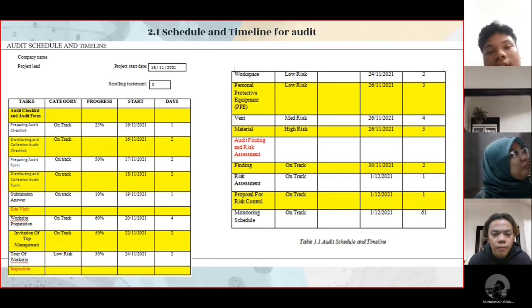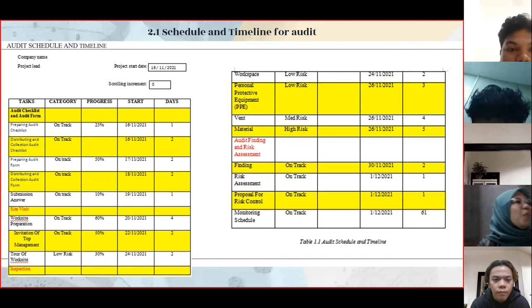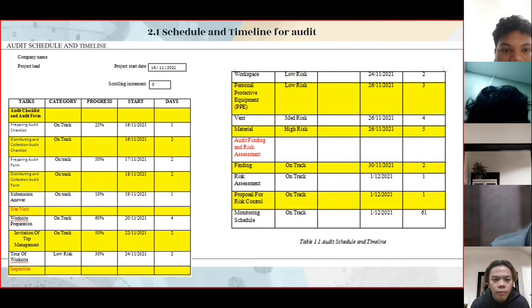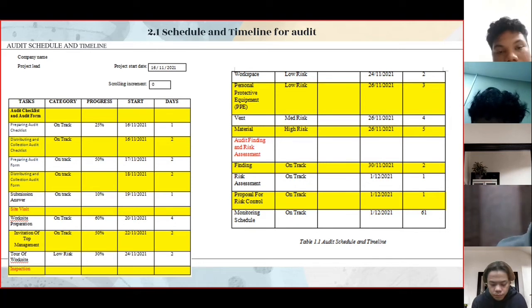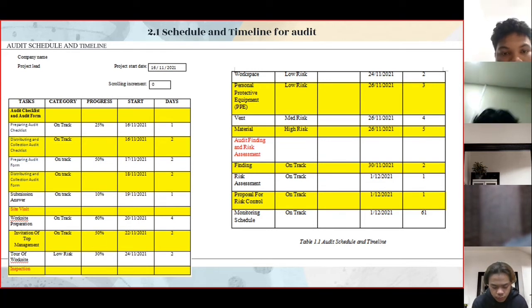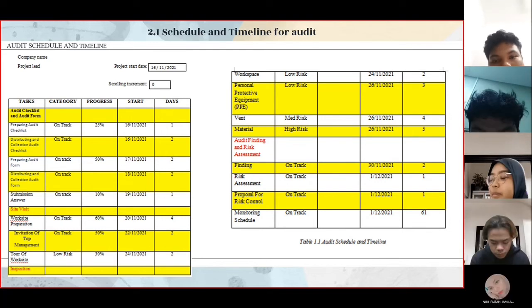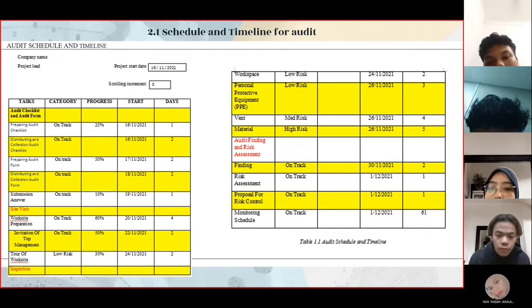The table content is the audit task for chemicals and audit form: preparing the audit checklist, distributing and collecting the audit checklist, preparing the audit form, distributing and collecting the audit form, and submission of answers. Then the worksite inspection, presentation to top management, and tour of the worksite. Next slide.